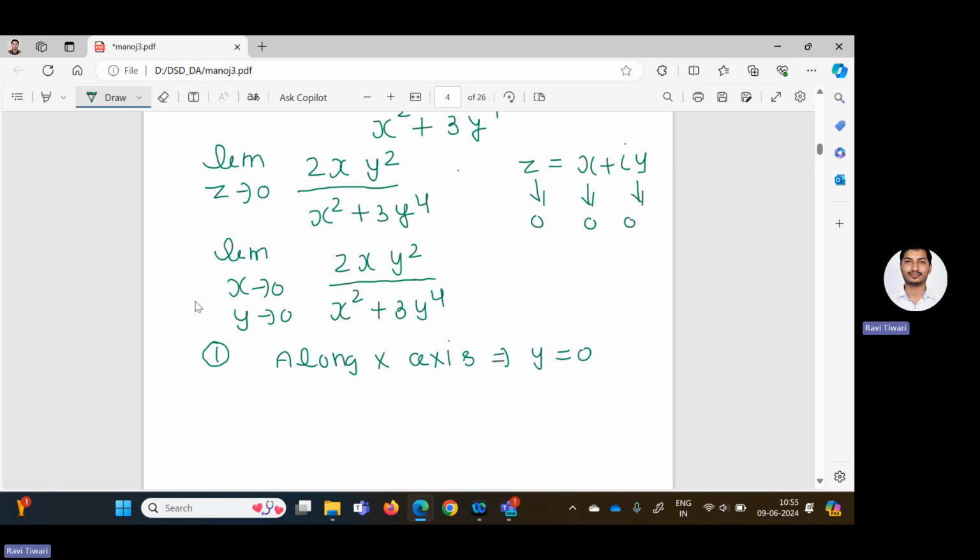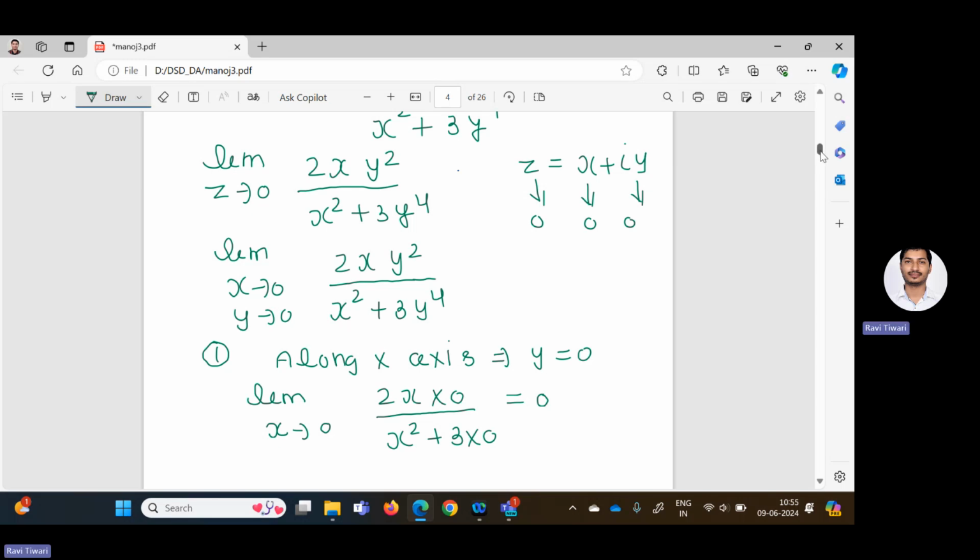So y is exactly 0, and the limit as x tends to 0 gives 2x into 0 divided by x square plus 3 into 0. Finally you will get 0. So along the x-axis we are getting limit 0. Similarly, along the y-axis you can check the limit is also 0.